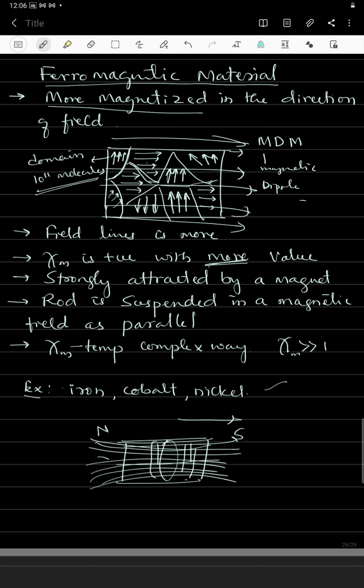Therefore the examples of ferromagnetic material are iron, cobalt, nickel, and you can get steel also. So these are the three classifications of the magnetic substances. So this is the difference between the diamagnetic and ferromagnetic materials.